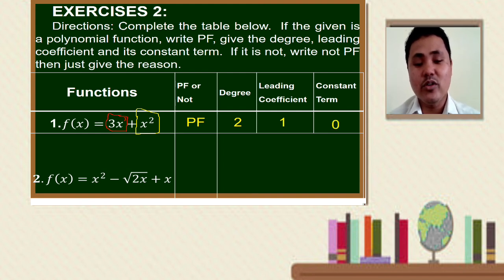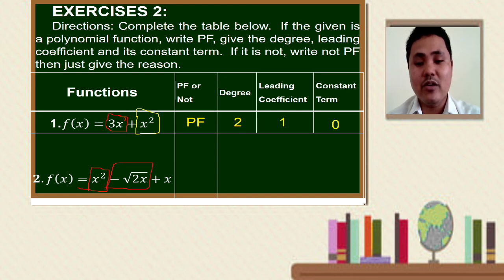So let's move on to function number 2, f of x equals x squared minus the square root of 2x plus x. In this case, let us check whether it passes the conditions, whether it can be a polynomial function. Let's check the first term. What is the exponent of the first term? That is positive 2. How about the next term, which is negative square root of 2x?